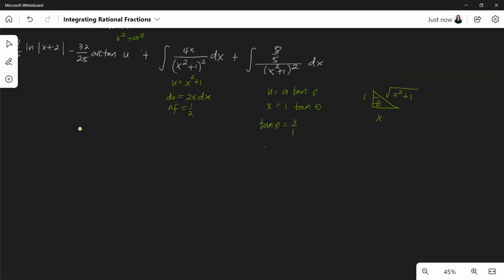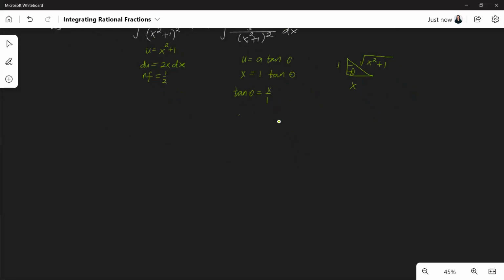Okay, so we can use that later. So we also need to solve for dx so that we can replace the dx in the given integrand. The derivative of tangent theta is secant squared theta d theta.